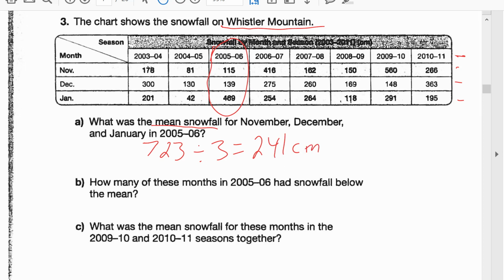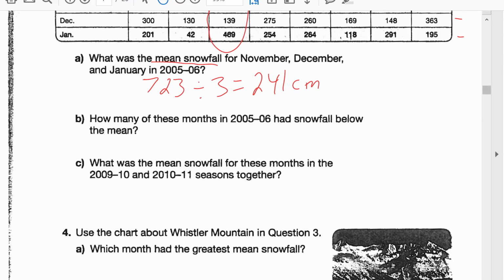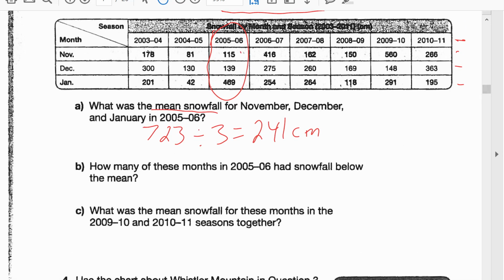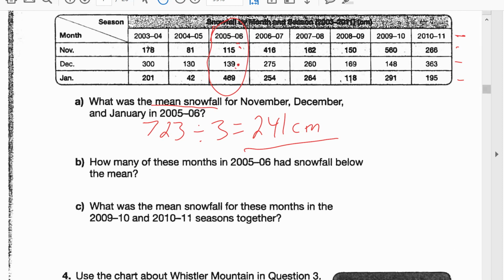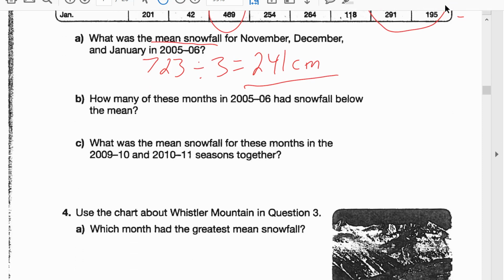Okay. How many of these months had snowfall below the mean? 2 of them did. If we look, this is the mean. 2 of them are smaller. What was the mean snowfall for these months in the 2010, 2011 seasons together? So we're looking at these ones. We add them together.